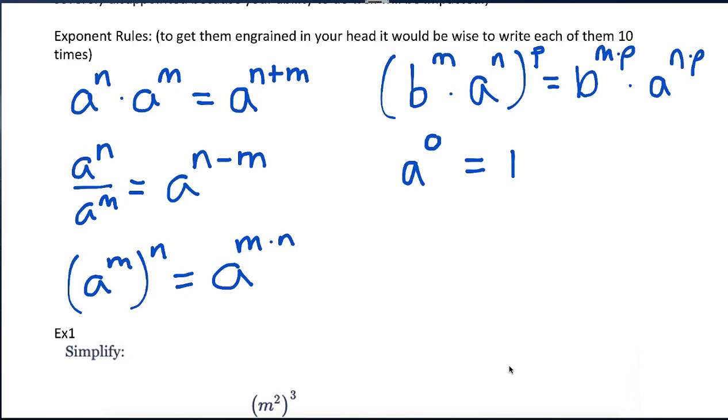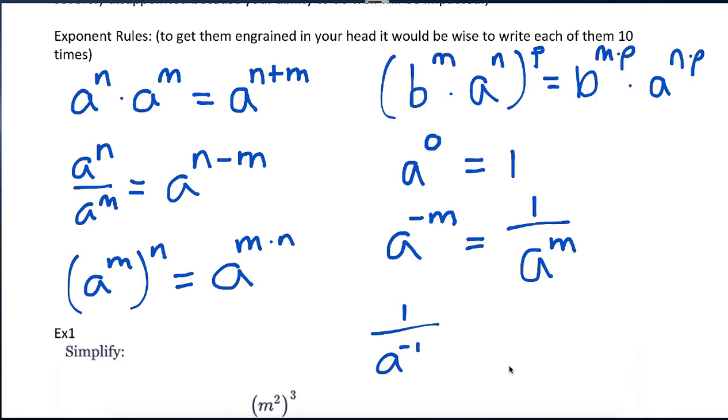Now, if you have a^(-m), that's equal to 1 over a^m. If you have 1 over a^(-m), it's equal to a^m.